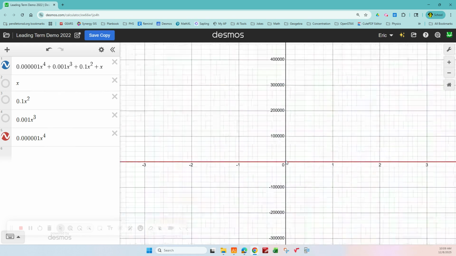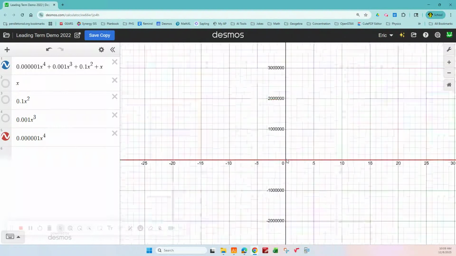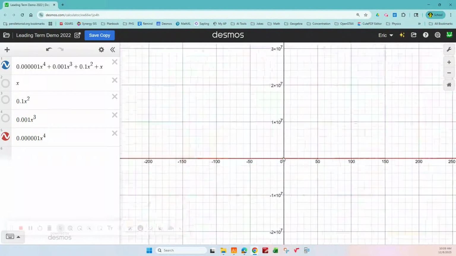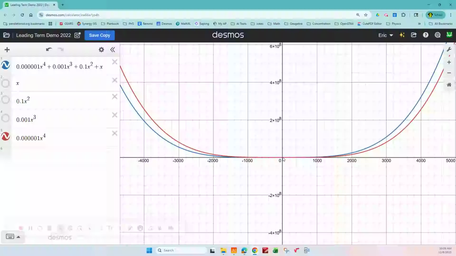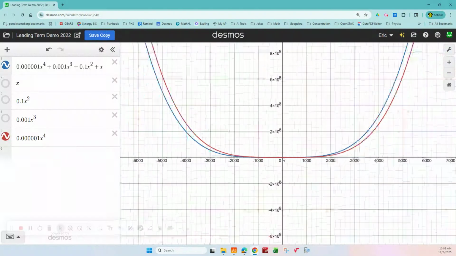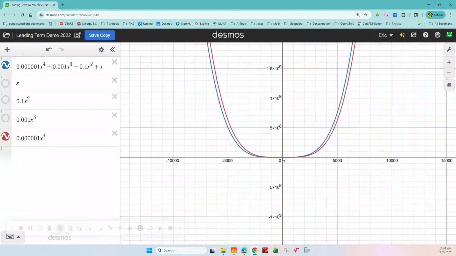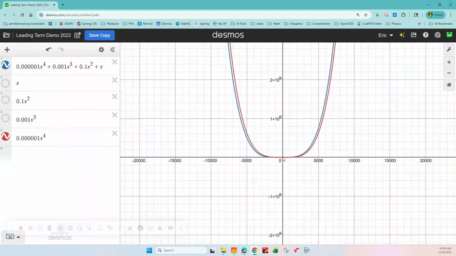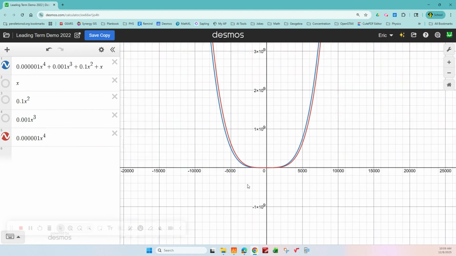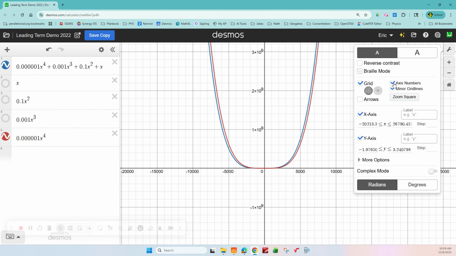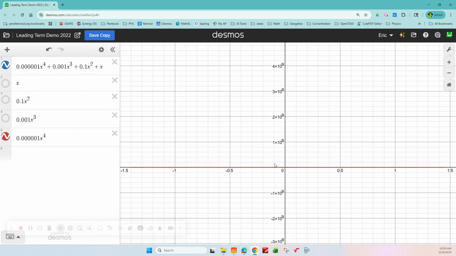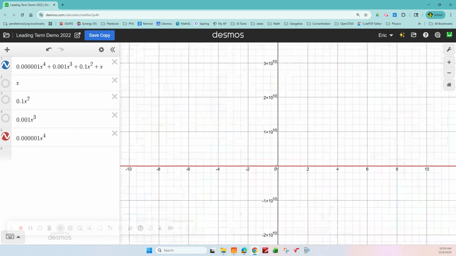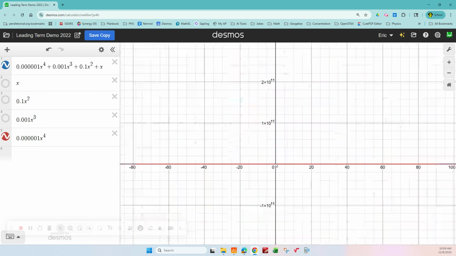If I keep zooming out far enough, and I had to kind of tame the x-axis a little bit because this thing grows so fast. But look what's happening. If I zoom out far enough, if I get big enough values of x, I mean, those are big numbers, right?